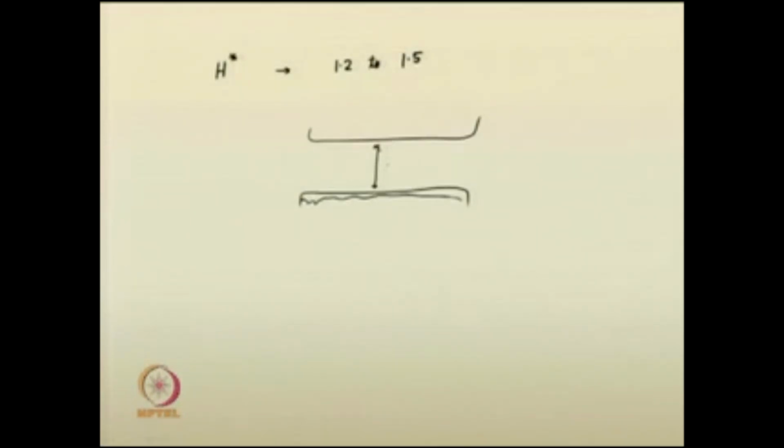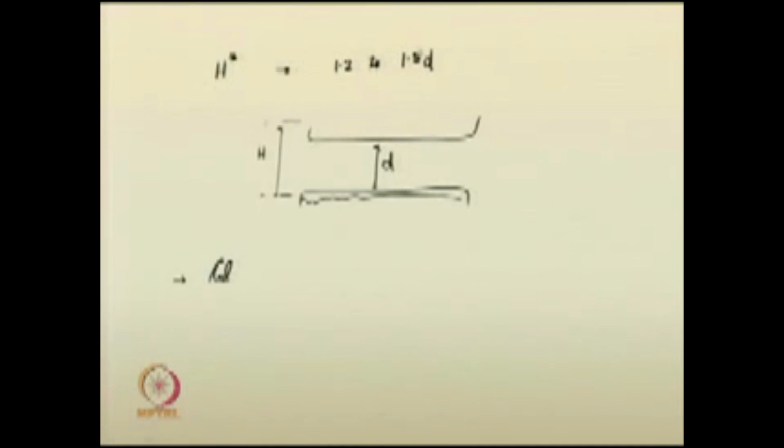This is the culvert depth. This is the headwater depth. So, headwater depth should be above H star, that is the criterion, right. From various experimental investigations, they found that H star is approximately 1.2 to 1.5 times the depth of the culvert.